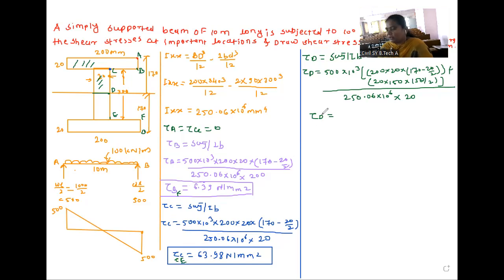Tau D is equal to how much? No, 63.98 is here, and in that we are adding this 20 into 150 into 150 by 2, so the answer must be greater than 63.98.